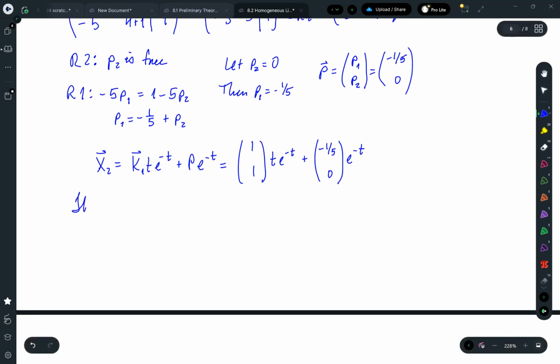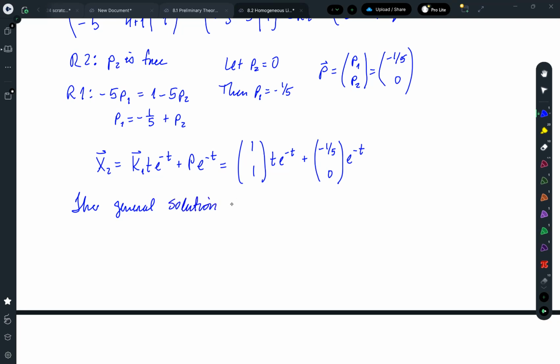And the general solution is then x equals c1 x1 plus c2 x2.